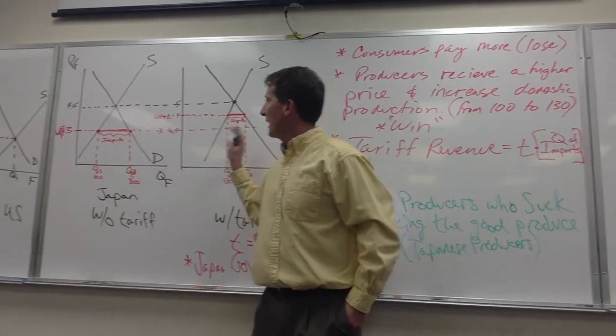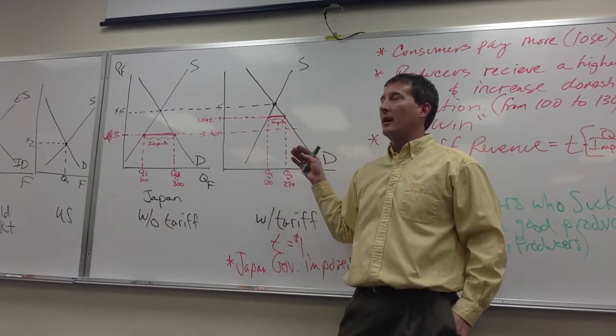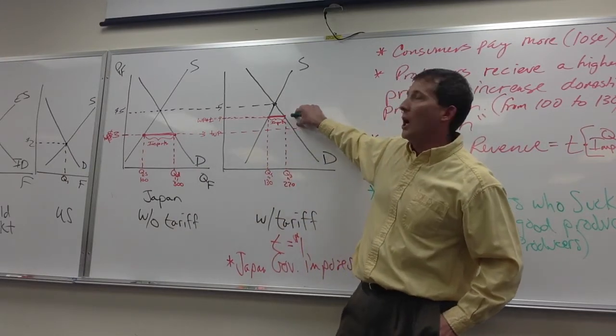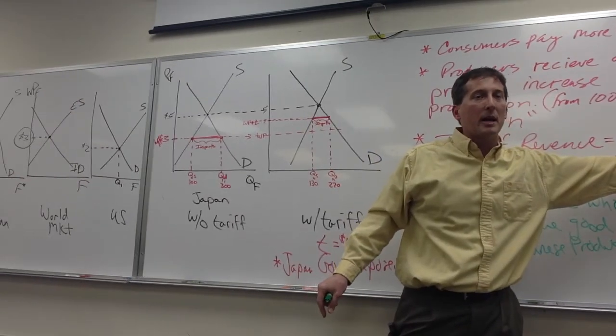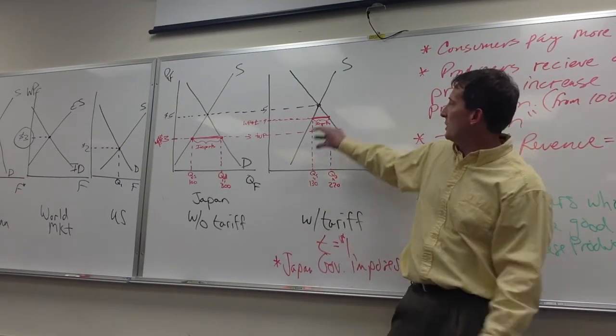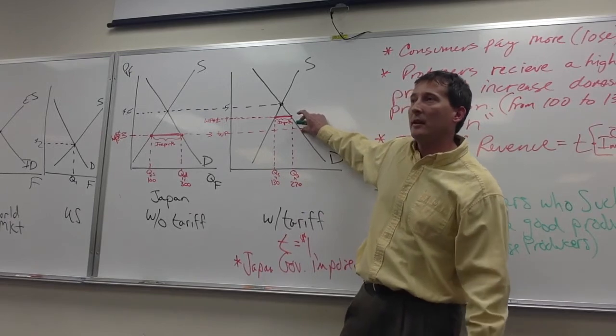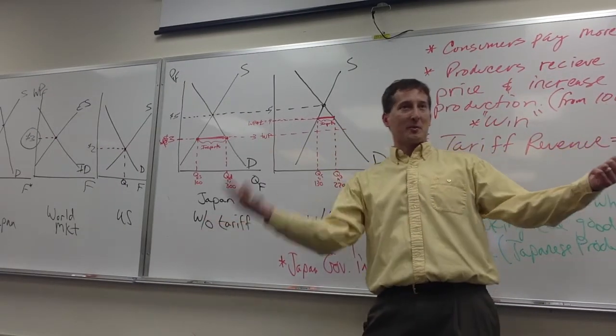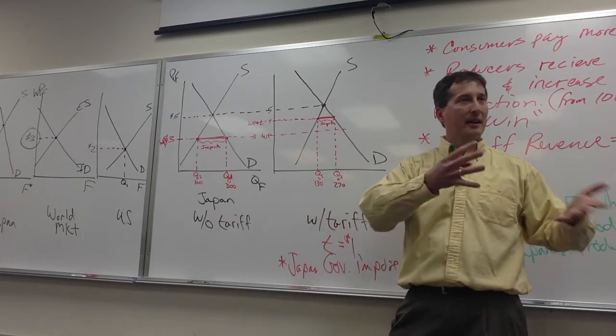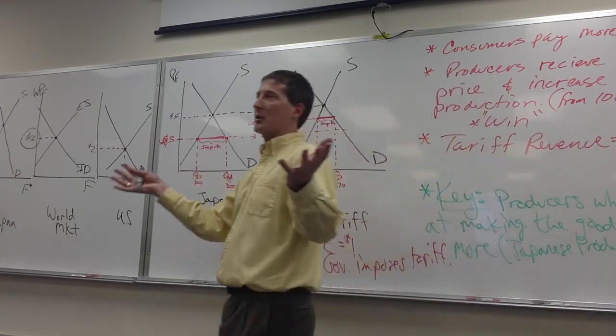Because the beauty of this is that if you start to understand this, if we now lower the tariff, we start to unravel the mess, right? As soon as we lower the tariff, now the good producers make more and the bad producers make less. And we start to get the benefits from opening up to trade.